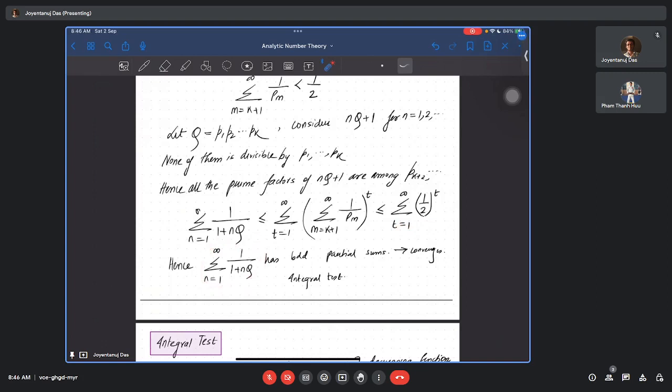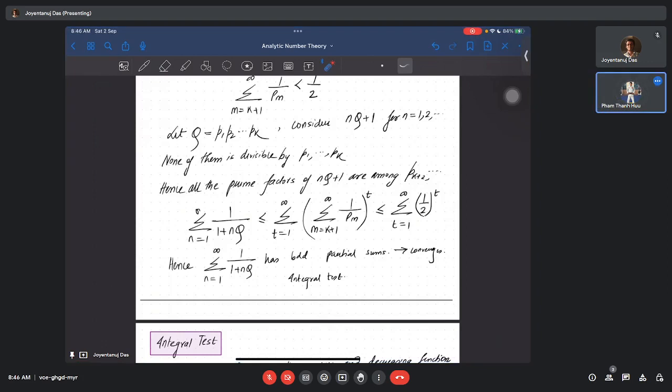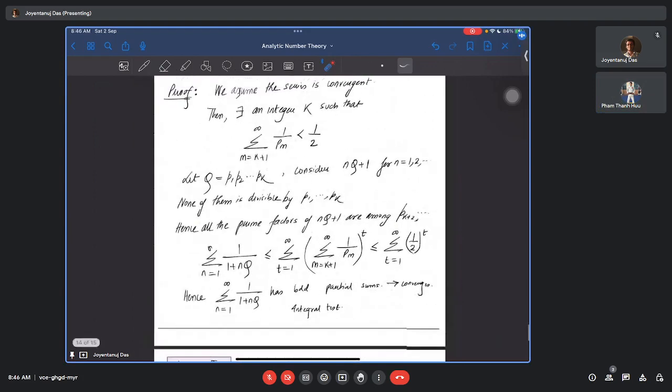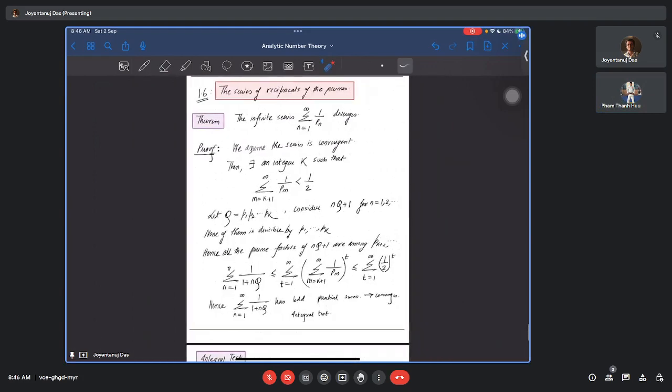That cannot be true, because if every partial sum is bounded, then the series must converge. That is one relation between the series and its partial sums. So that is a contradiction to what we assumed, that the series is convergent. So that is false. So this series of reciprocals of primes actually diverges.